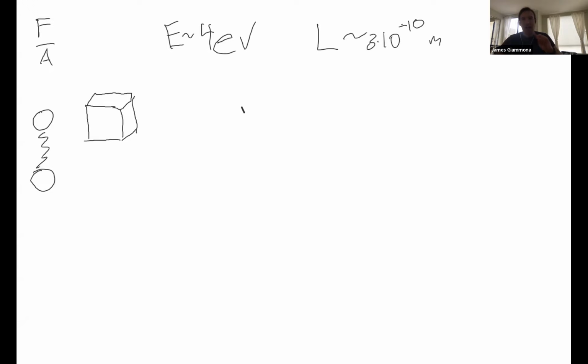But now we're going to add one extra thing. We want a force per area, and we have an energy. So how do I link up force and energy? What I really need to do is apply the force over some distance. If I apply a force times a distance, that gives me an energy scale.